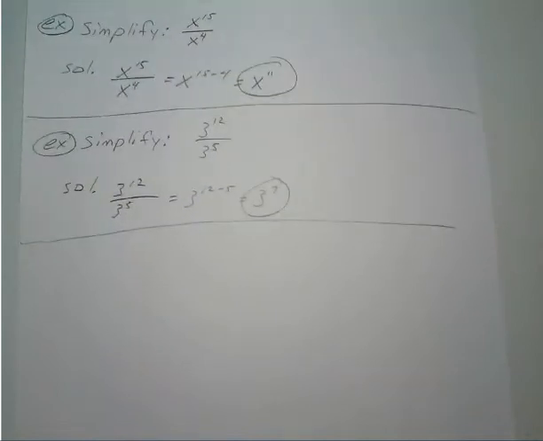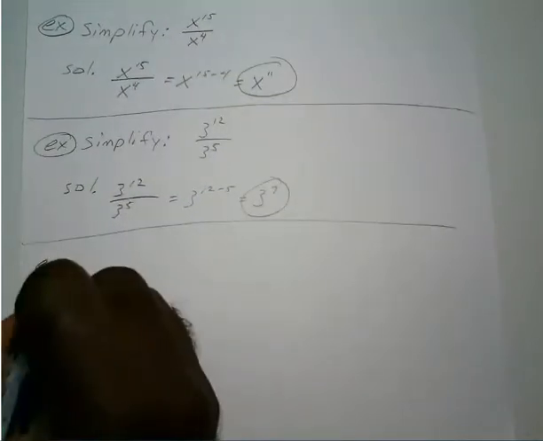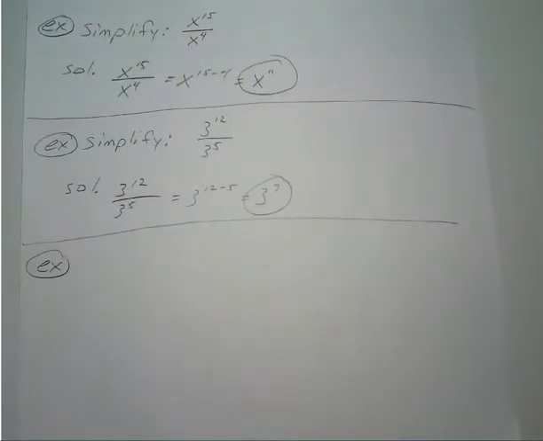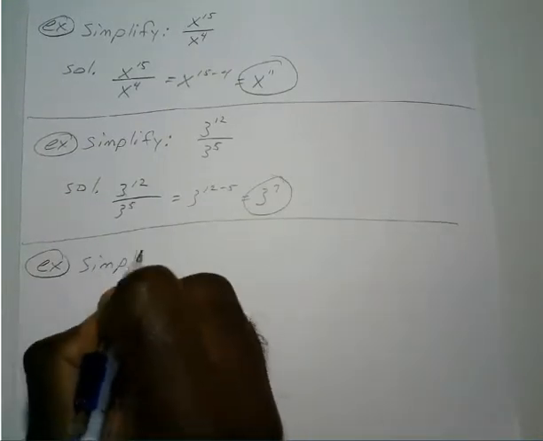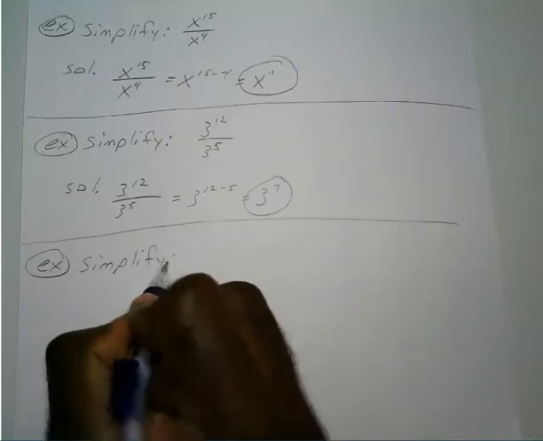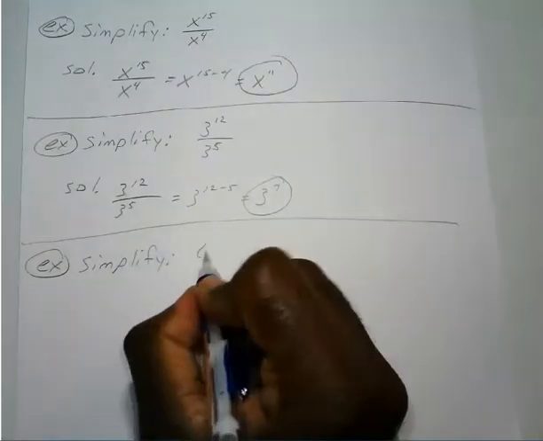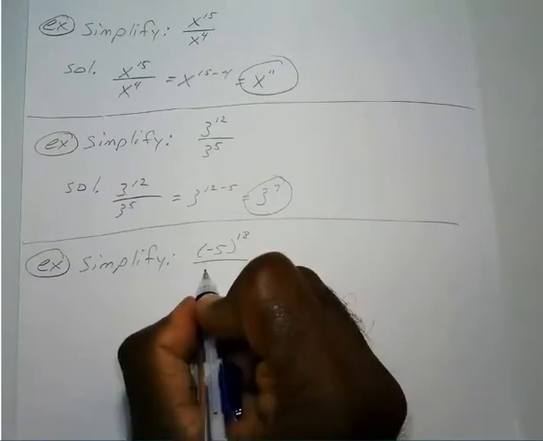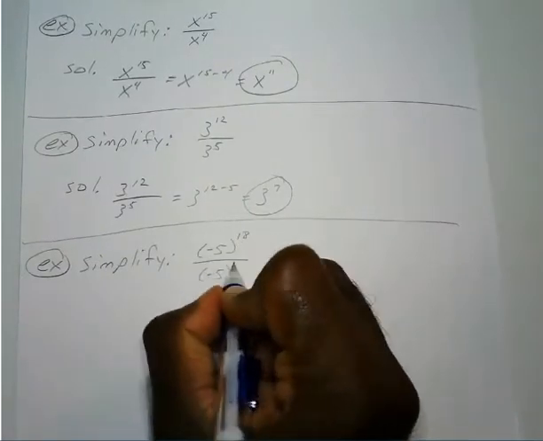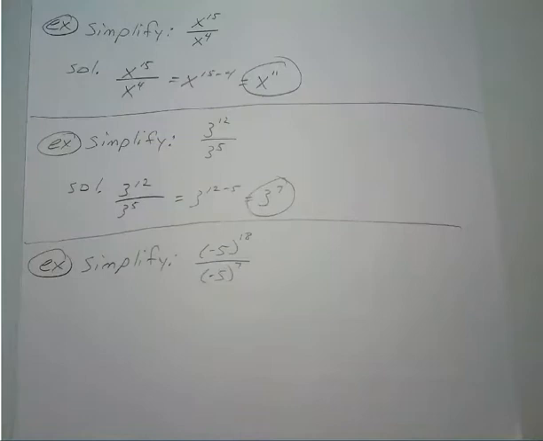Alright, so what if we have one that's a little different? We want to simplify negative 5 to the 18th power over negative 5 to the 7th power.